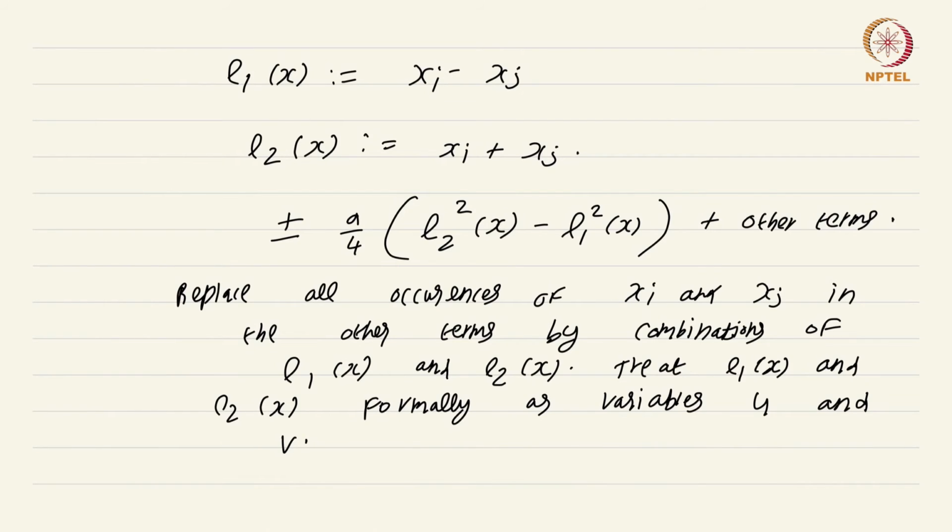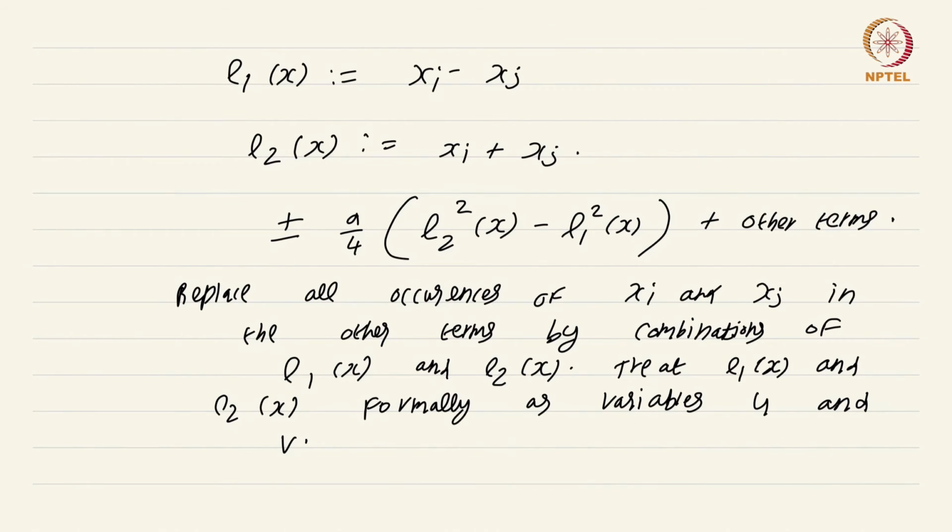This part might sound a bit fishy, or rather might stink a little bit. You might think that this is not rigorous. All I'm doing is I have these linear functionals L1 and L2, and I'm just calling them u and v formally. If you observe, the proof in the previous part was completely formal, there was nothing about the meaning of the terms. It was just straightforward algebraic manipulation. Now we replace L1 and L2 by u and v.